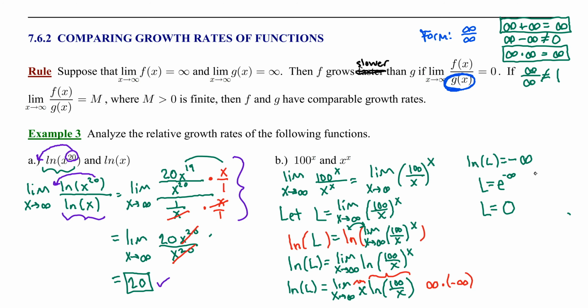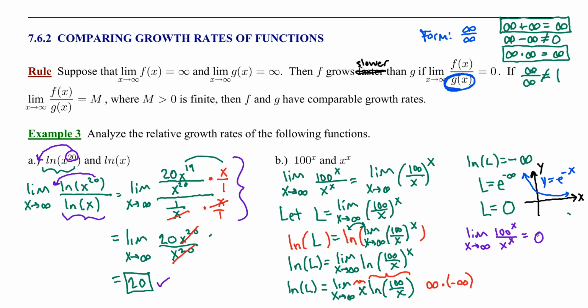Just to be sure you're with me on that one, think about the graph of e to the negative x. That is a decreasing exponential function. So as x approaches infinity, e to the negative x approaches 0. So let's backtrack and see if we can make our conclusion. We found that the limit as x approaches infinity of 100 to the x divided by x to the x is 0.